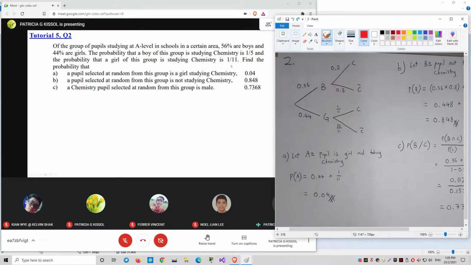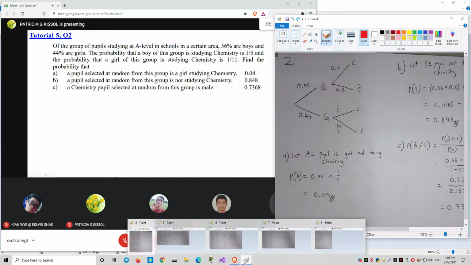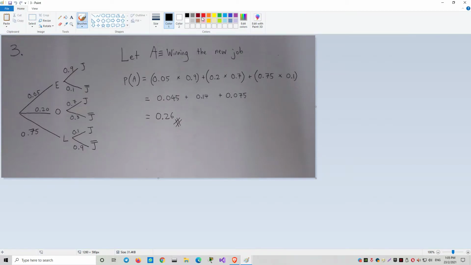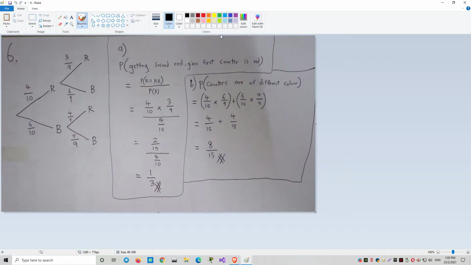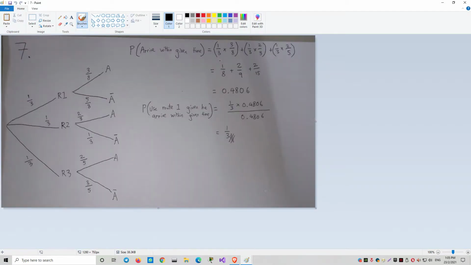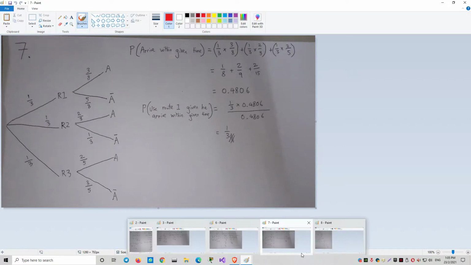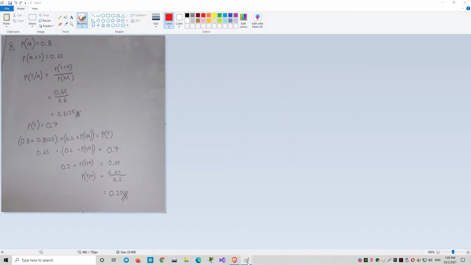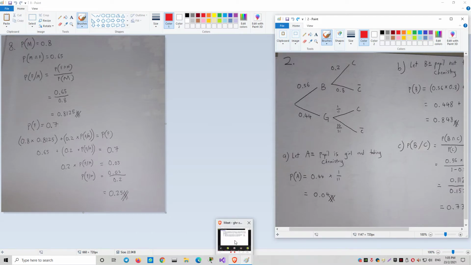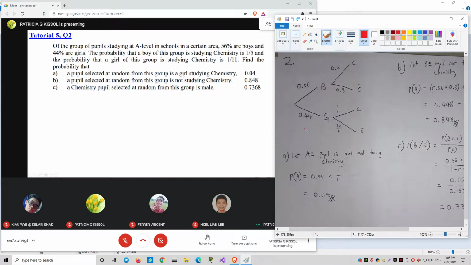The question asks: find the probability that a pupil selected at random from this group is a girl studying chemistry.